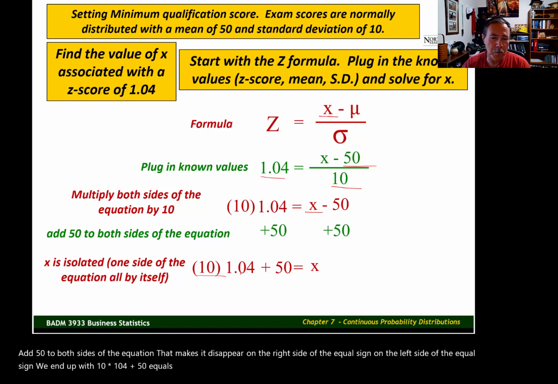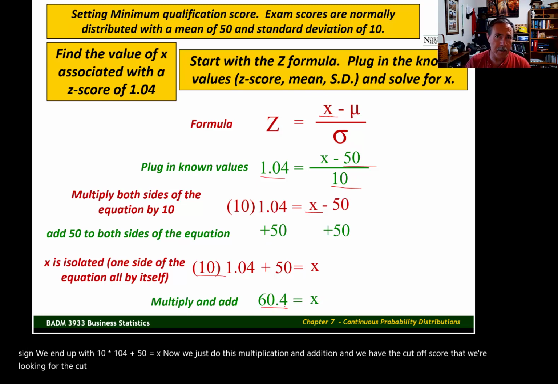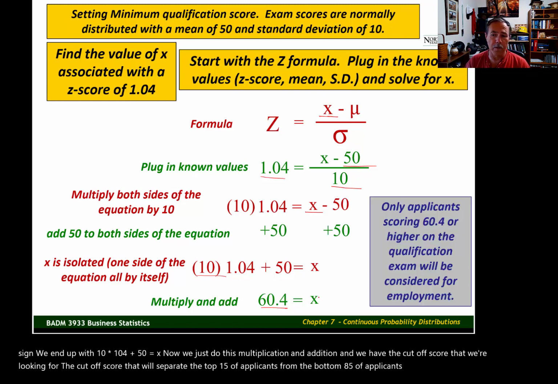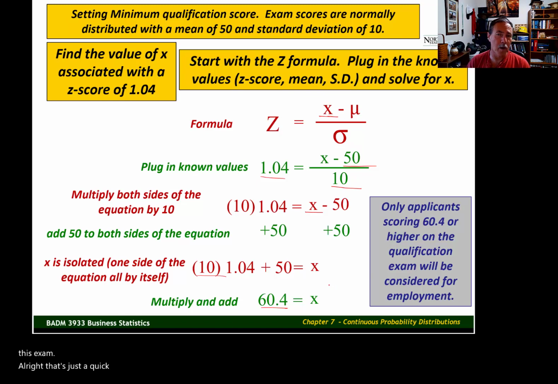Now we just do the multiplication and addition, and we have the cutoff score we're looking for. The cutoff score that will separate the top 15% of applicants from the bottom 85% is 60.4 on this exam. All right, that's just a quick example of another way we can use the standard normal distribution and z-scores in our business analyses.